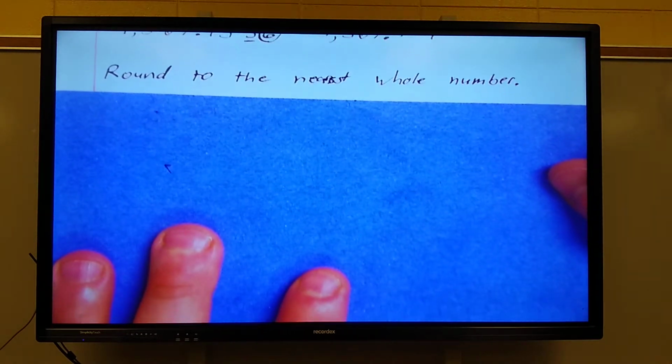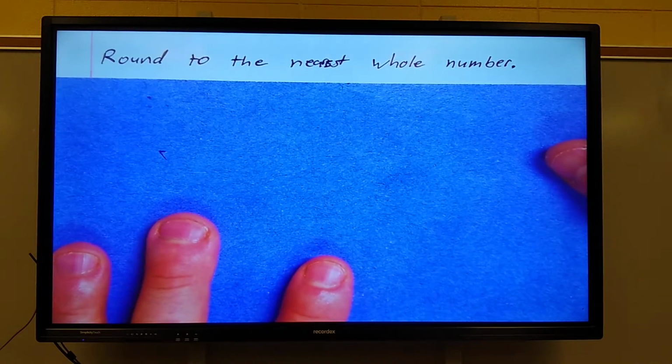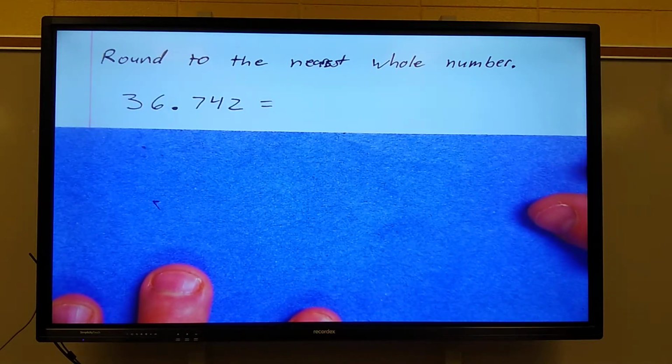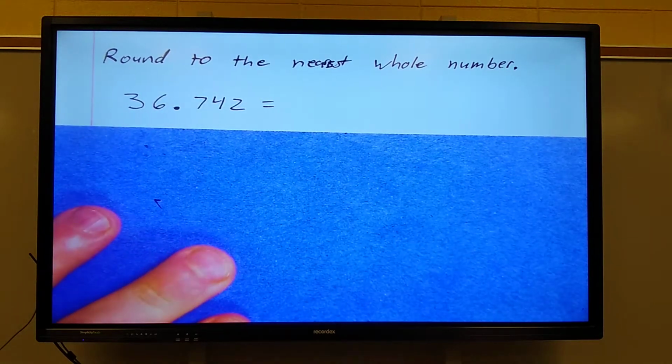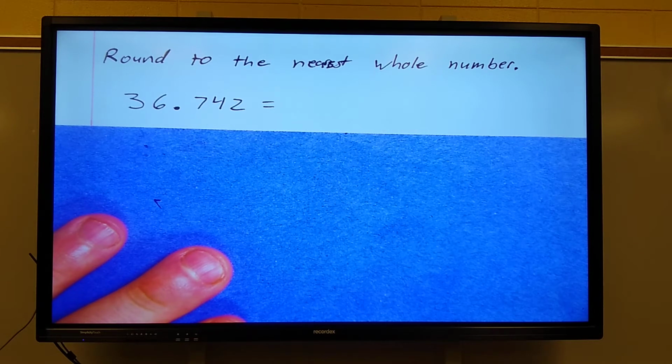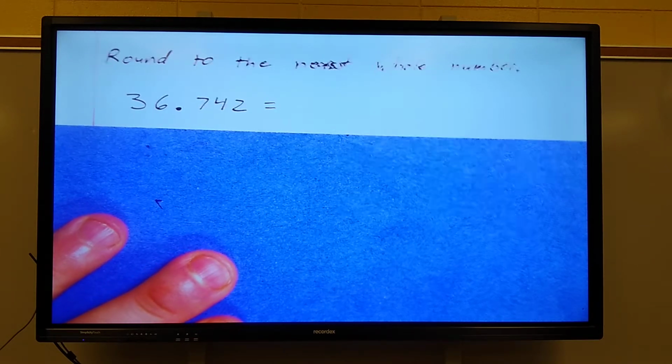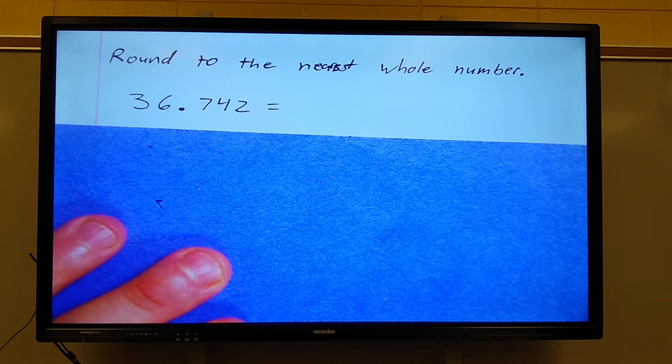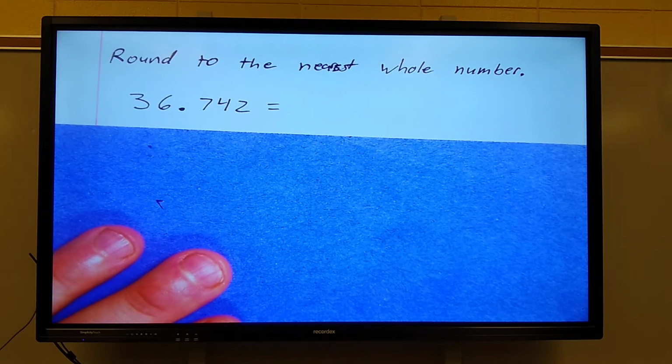Now, rounding to the nearest whole number. Find the whole number place, which is the ones place. Look at the number to the right. Get it done. Pause the video. All right.